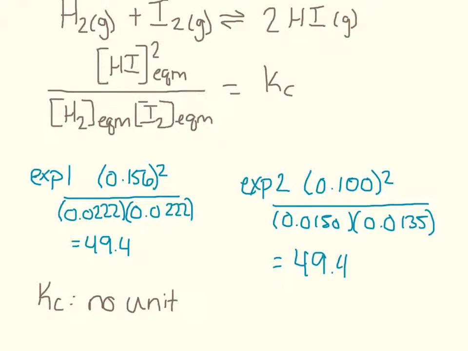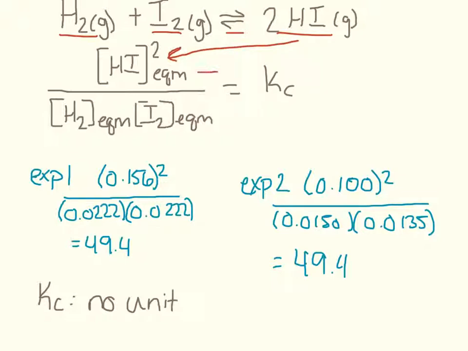Here is an example of how we write an equilibrium expression. We have the reaction H2 plus I2 gives us 2HI. It is an equilibrium expression due to the double arrow. To write the expression, we take the concentration of HI and raise it to the power of 2, because products go on top.